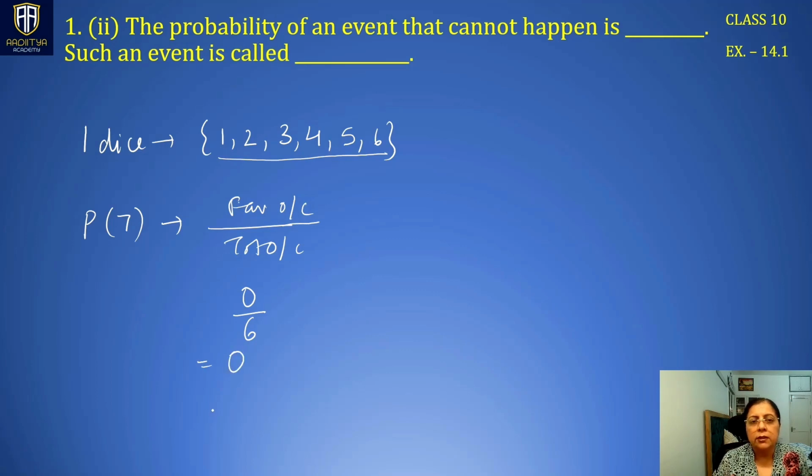There is no chance that we can get 7 when we throw a dice. So the probability of an event that cannot happen is always 0. And such events are called impossible events. This is a special name, impossible events. Event that can never happen.